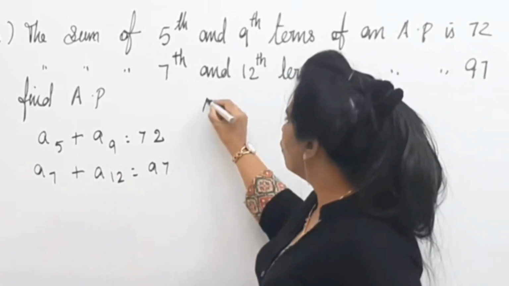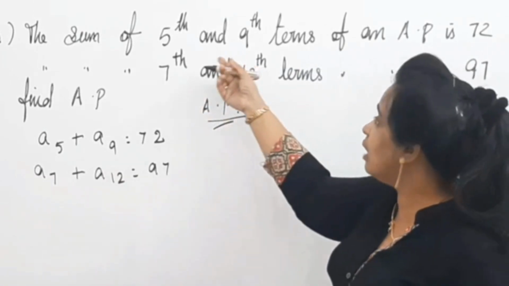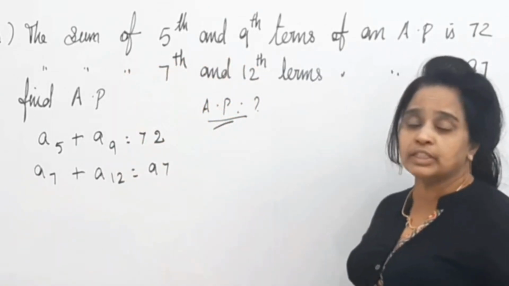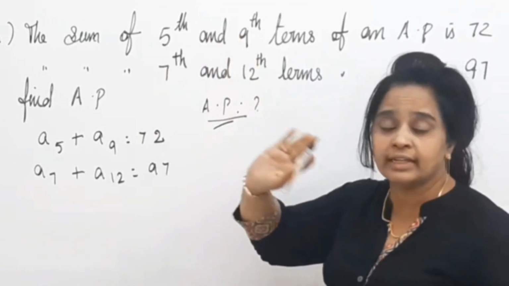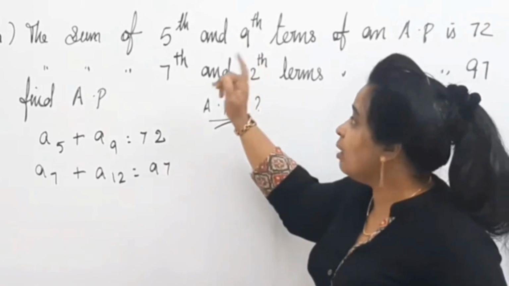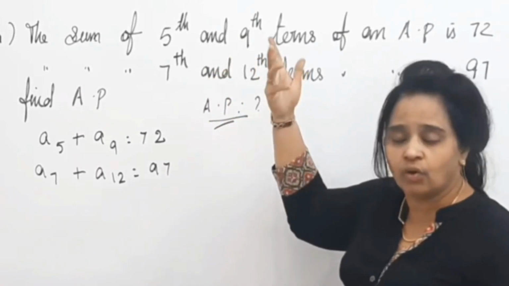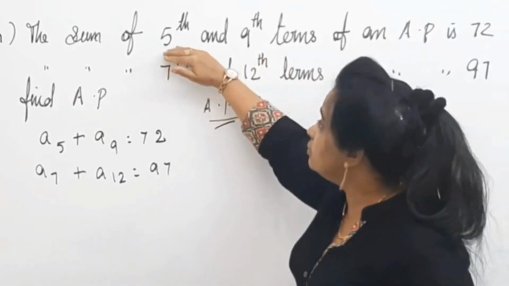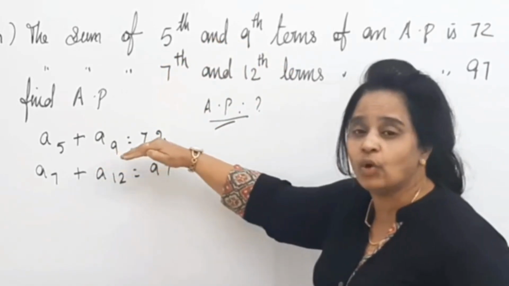How to find what is my AP? Children, whenever the sum of terms comes, you will take it as S5 or something. But when it comes as 5th term and 9th term, you will express it like this only.